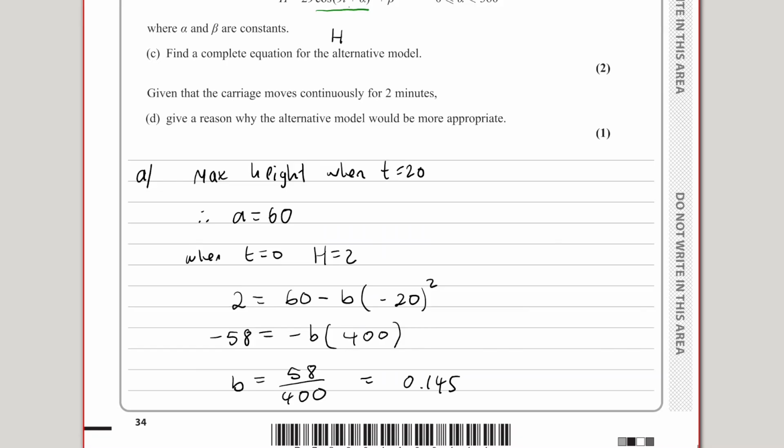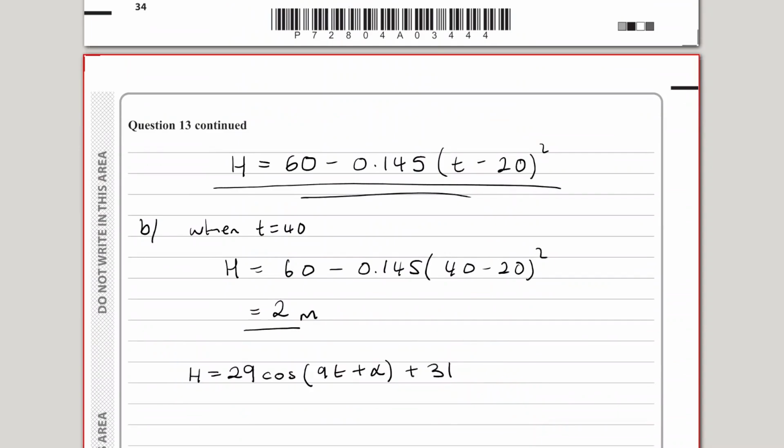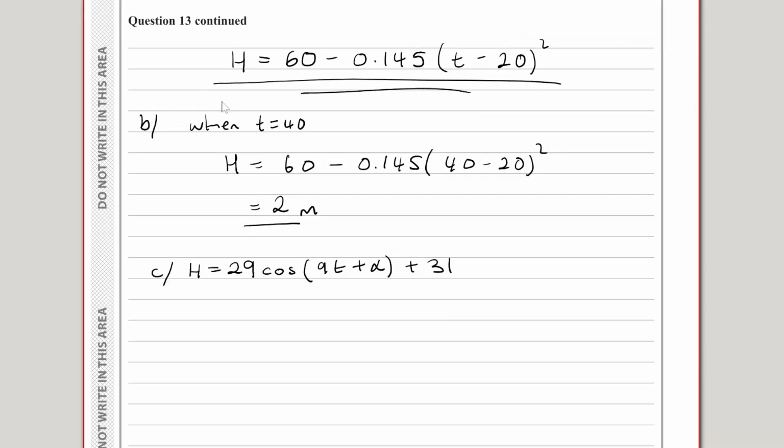So we've got h equals 29 cos 9t plus alpha plus 31. And then we can find alpha because at the start, h is 2. So when t equals 0, h equals 2.